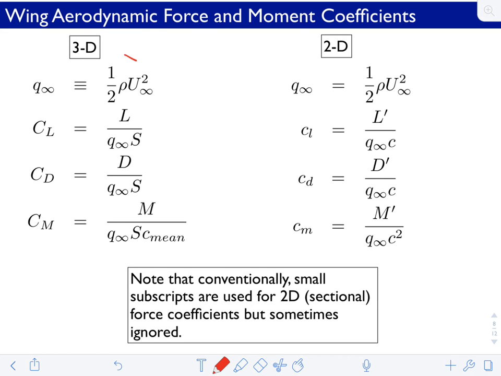We will have the dynamic pressure as defined here, one half rho U infinity squared, so that's a free stream dynamic pressure. The lift coefficient for that wing is going to be the lift of the wing, non-dimensionalized by the dynamic pressure times a characteristic area. In this case, it's S. It's the planform area of the wing.